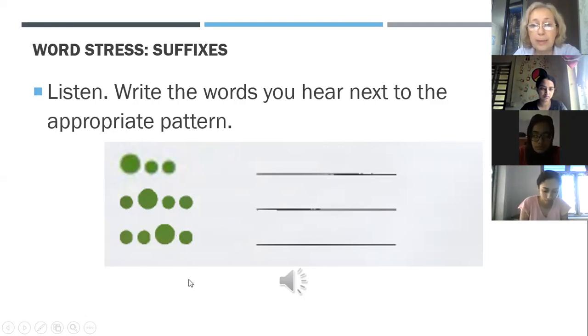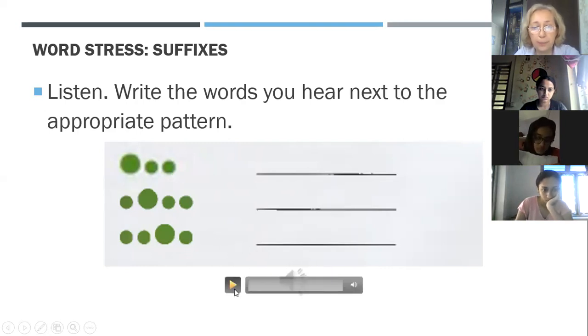Now we are going to listen to 7 medical terms, and you should write these words in 3 groups, next to the corresponding diagram, depending on the number of syllables and the stressed syllable. Okay. Now let's get started, and please make notes.